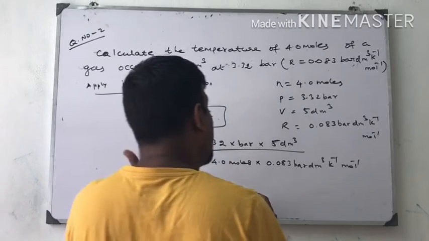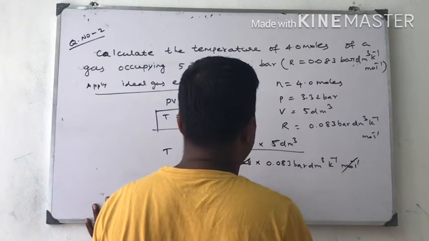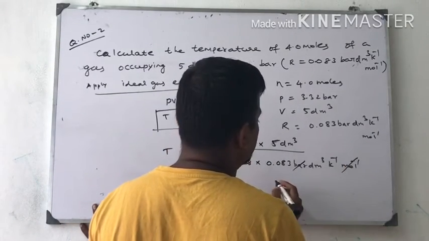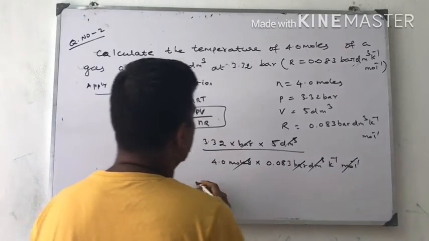So mole inverse, mole gets cancelled, bar cancels, decimeter cancels.